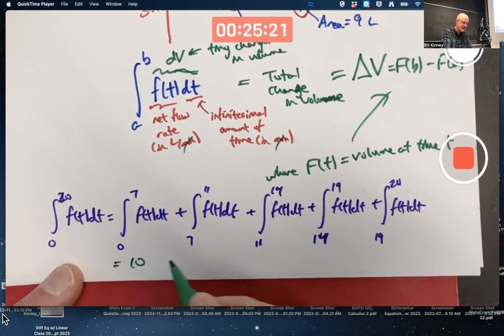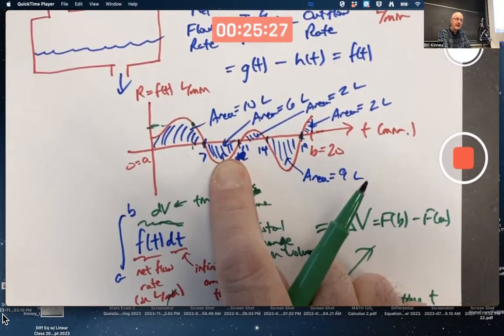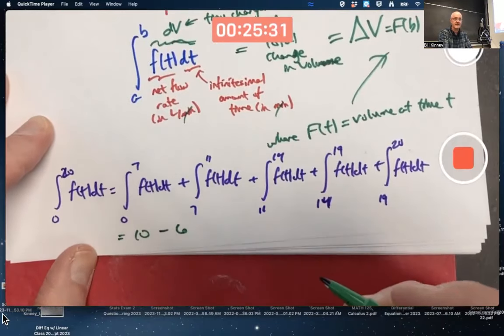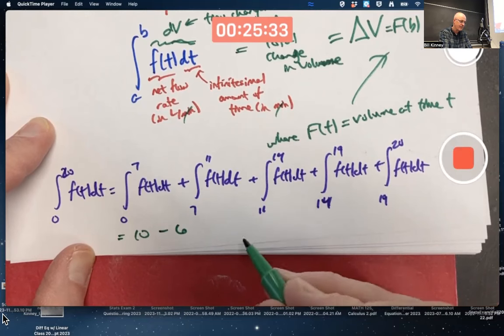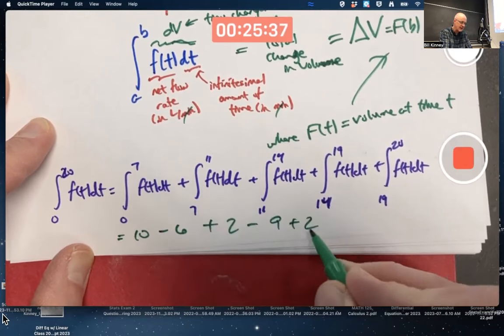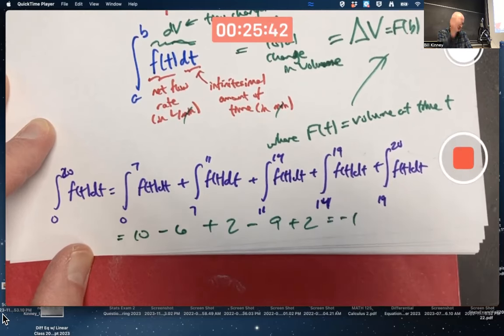This is a 10. The area was 6 up here for that one. But again, it contributes negatively to the integral. So I have to subtract 6 or add negative 6 if you prefer. Then I added 2, then I subtracted 9, then I added 2 again. Negative 1, right? Double check that.